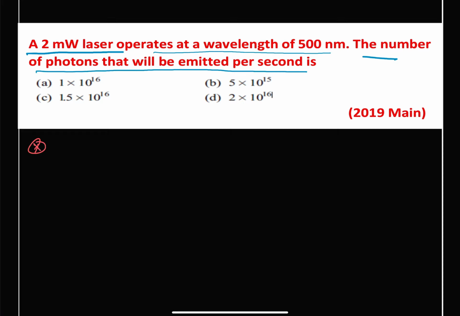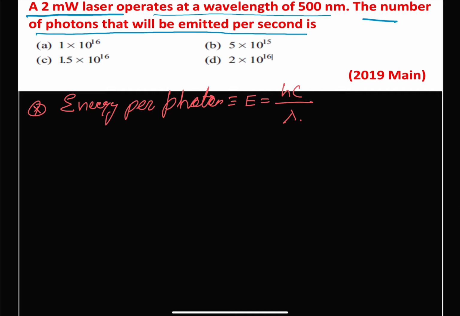So we can say energy per photon E is equal to hc upon lambda.